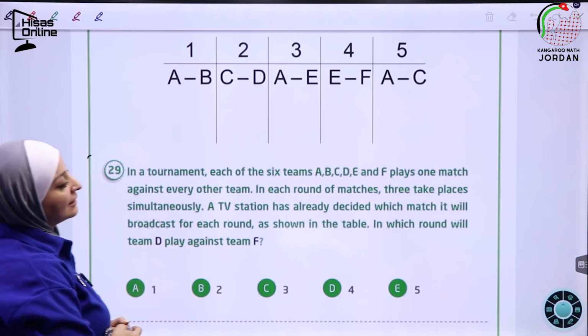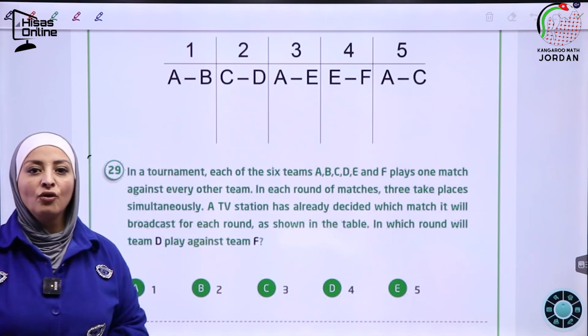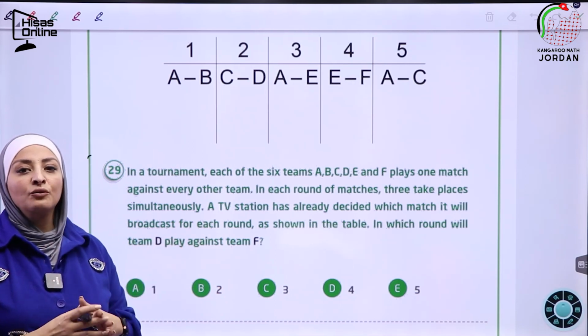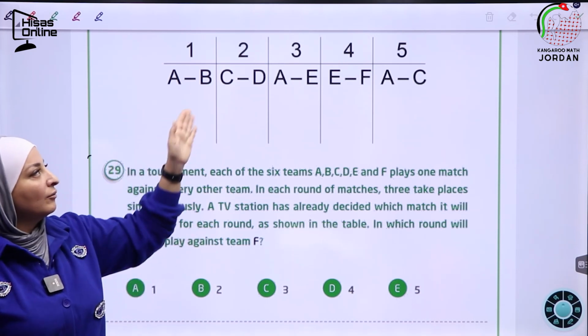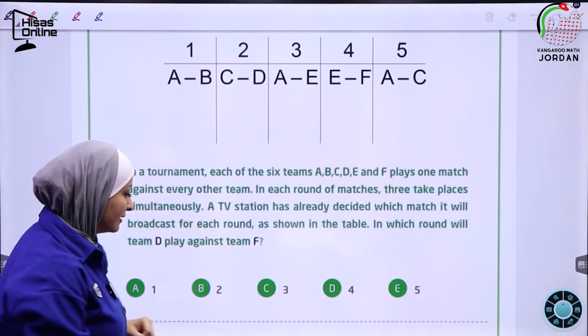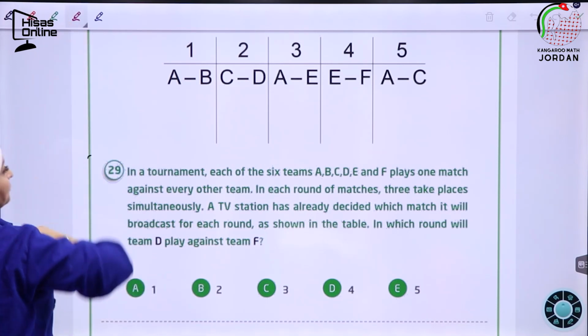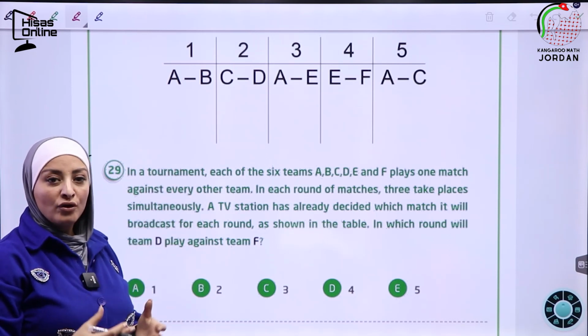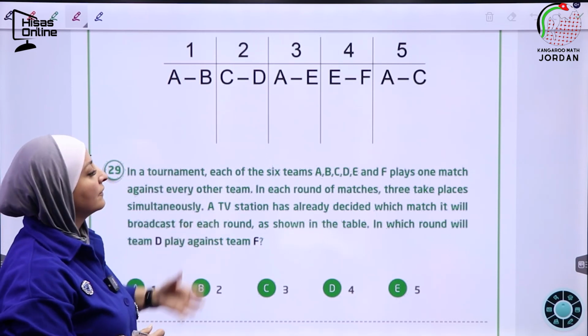Okay, so we need to arrange all the matches we have in order to figure out in which broadcast, or which time of broadcasting, D will play against F. Let's see how we can do this. I will continue filling this table in order to have the same conditions they say.